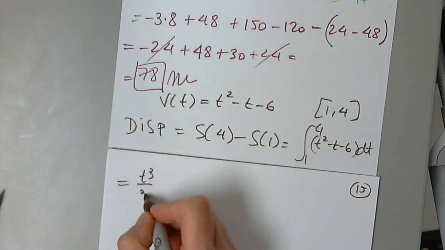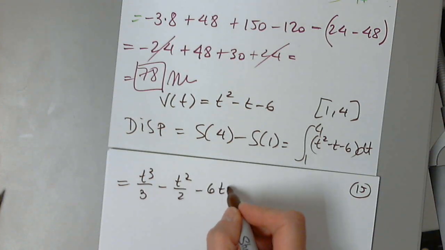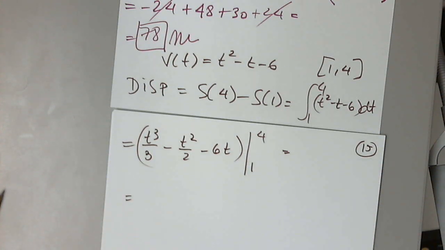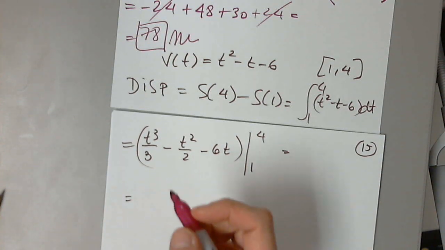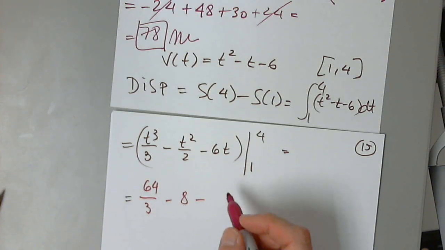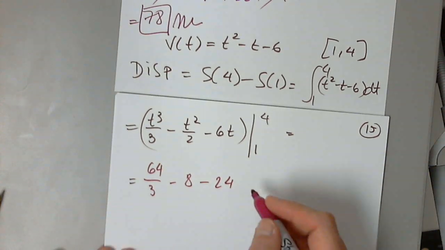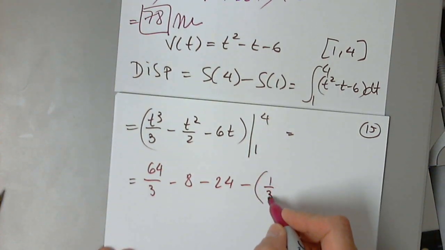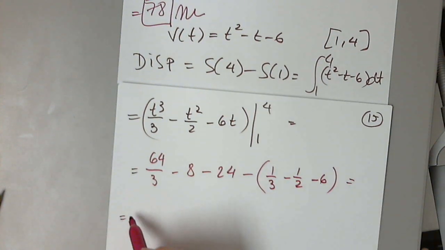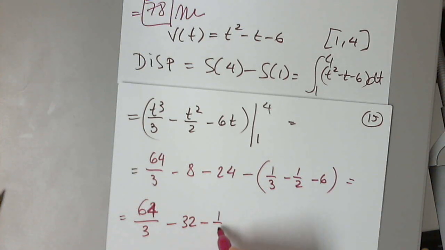T to the third over 3 minus t squared over 2 minus 6t from 1 to 4. So we plug in 4: 64 over 3 minus 16 over 2 minus 24. And minus when I plug in 1: 1/3 minus 1/2 minus 6. So I calculate this, it's 64 divided by 3 minus 32 minus 1/3 plus 1/2 plus 6.